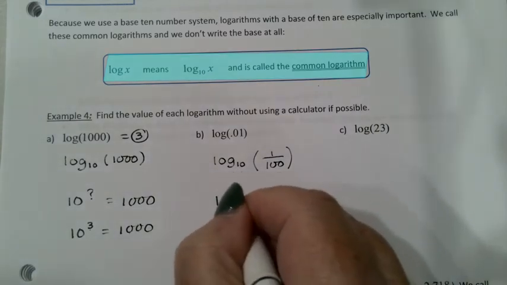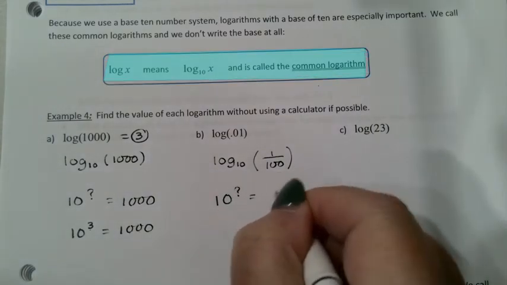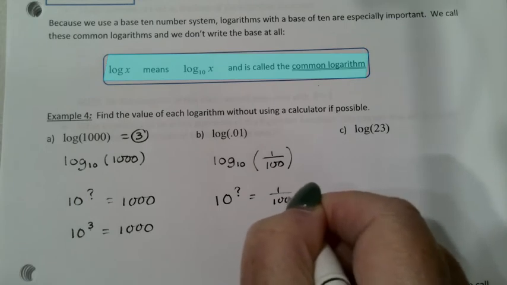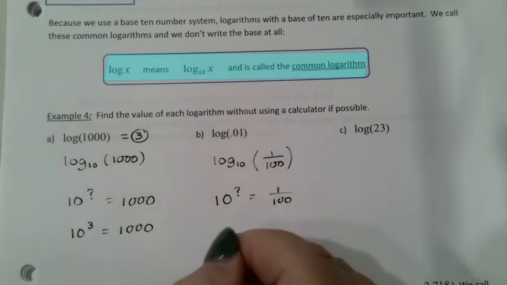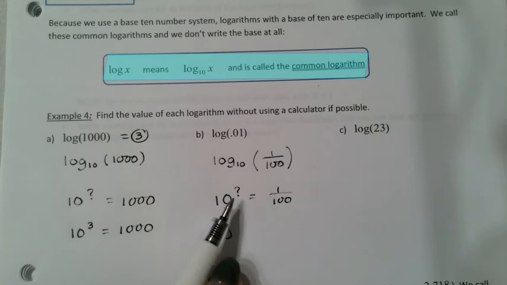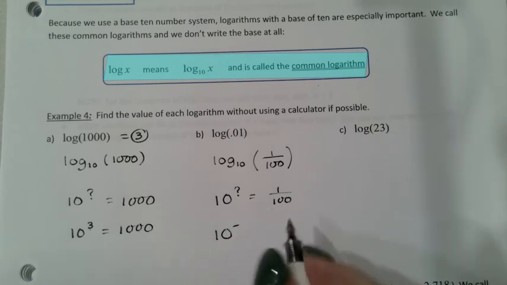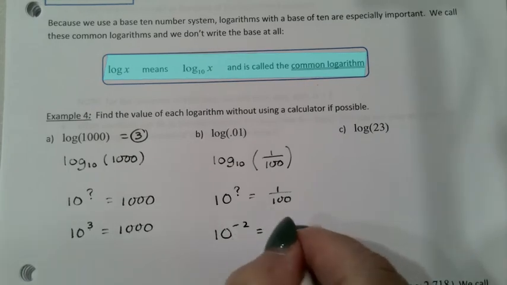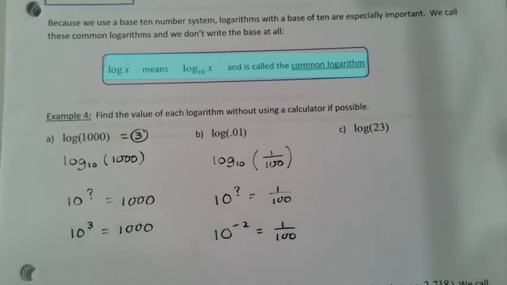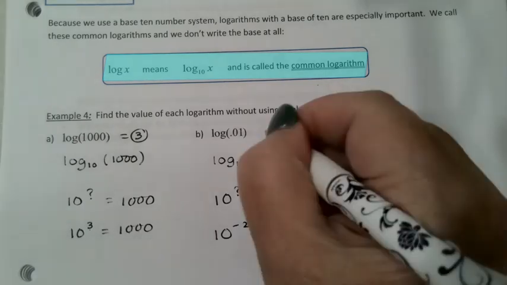And then when I say, hey, 10 to what power is 1/100th? I did have to go into the denominator, so a negative exponent. And 10 squared is 100. So my missing exponent here is -2.